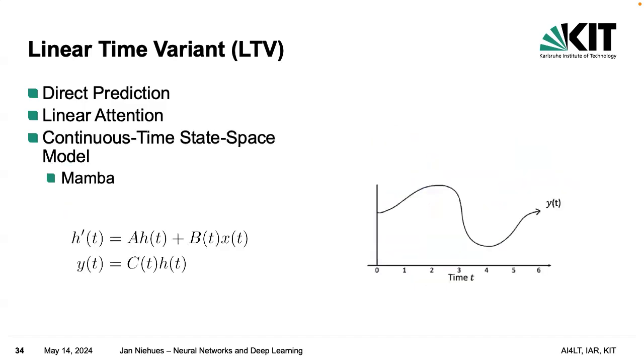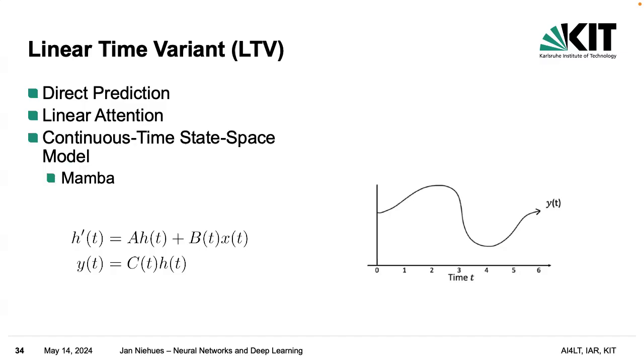Then there is one model which got quite a lot of attention recently, which is called the Mamba model. And this, as has partly been done previously, is motivated by looking at this problem of calculating our hidden state in a continuous space. So in the continuous space, you wouldn't have a fixed h_t for discrete time steps, but you would have a function which is continuous. And in this case, you would describe your hidden state using a differential equation.